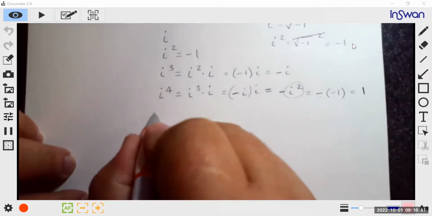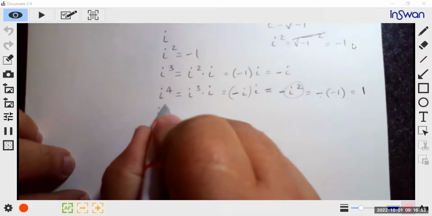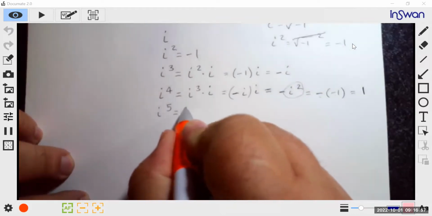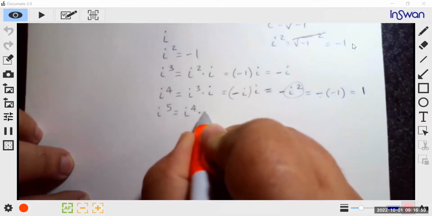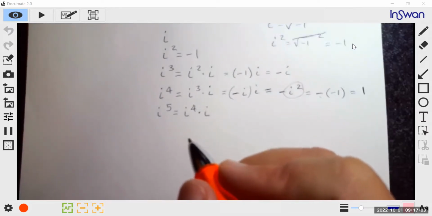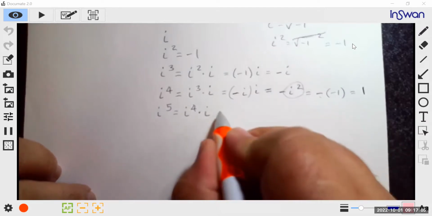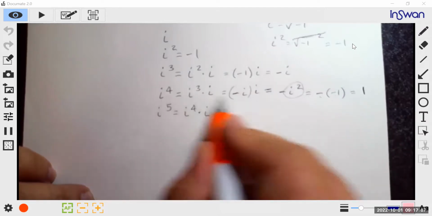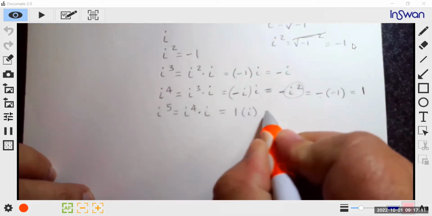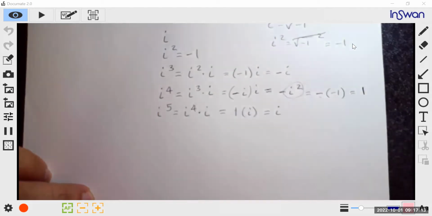All right, let's do a couple more of these. i to the fifth is the same thing as i to the fourth times i. i to the fourth, we just figured out was 1. 1 times i is i. Does everybody see what I'm doing here?